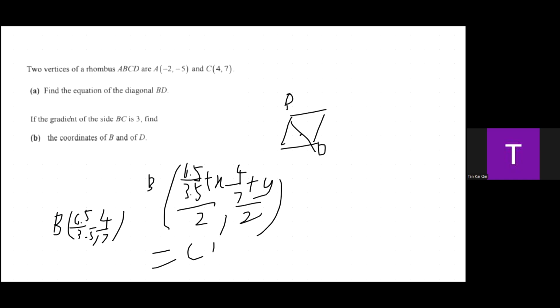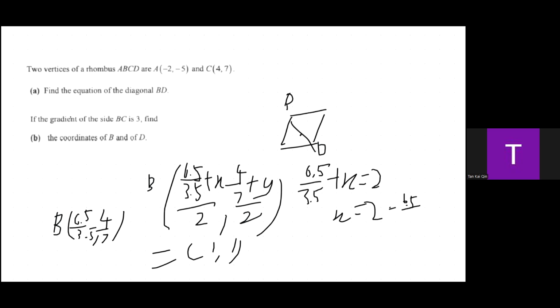Now doing this, we can find the values of x and y. 6.5 divided by 3.5 plus x equals 2, since 1 times 2, which then becomes x equals 2 minus 6.5 divided by 3.5.